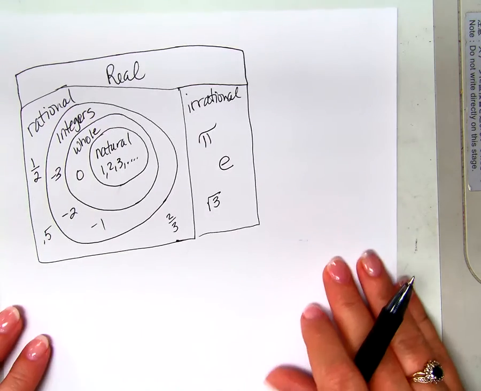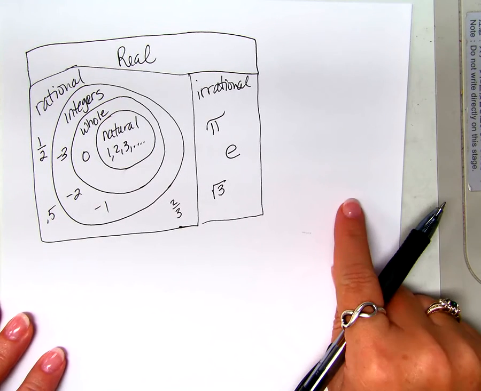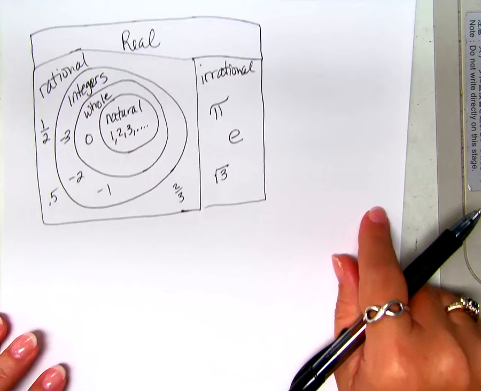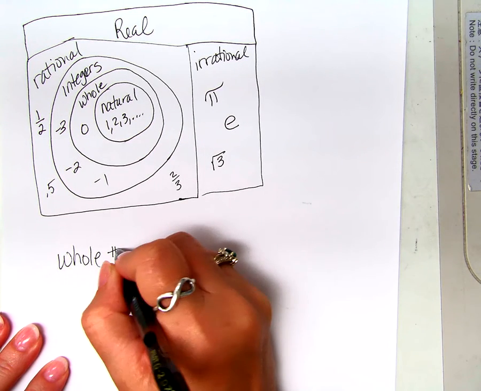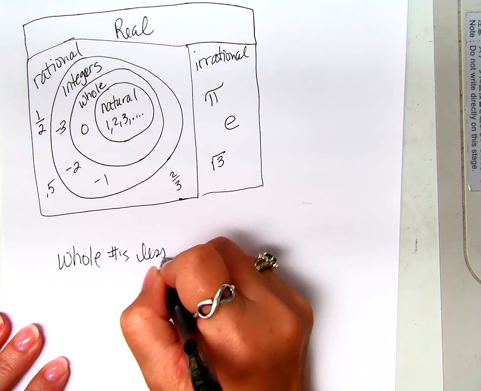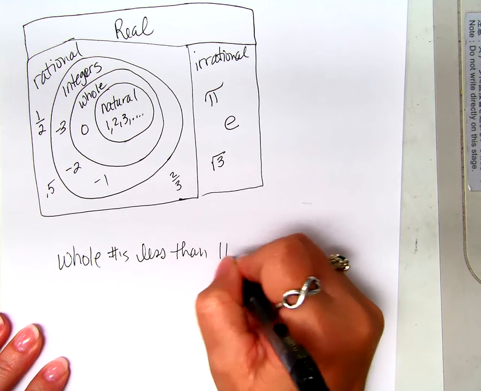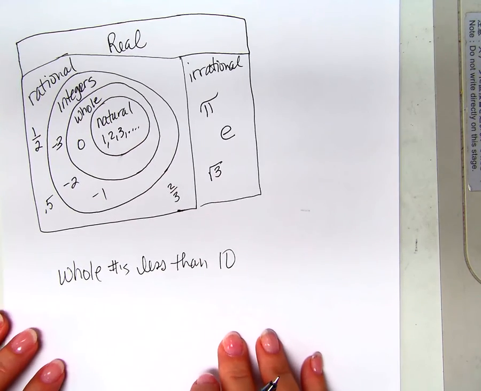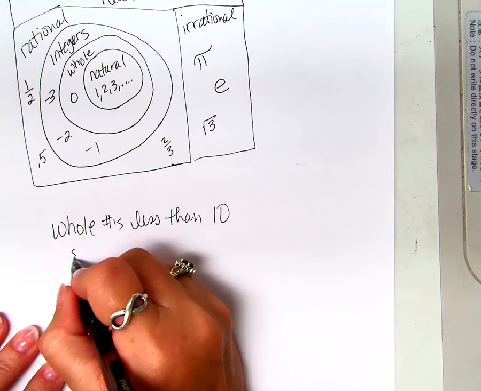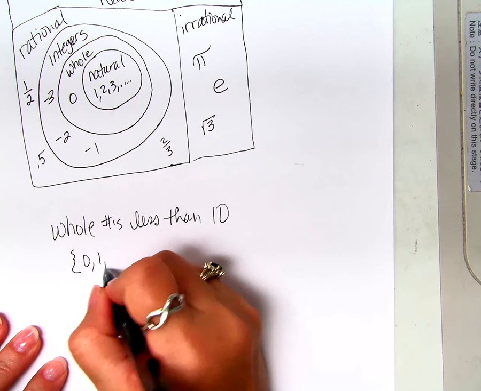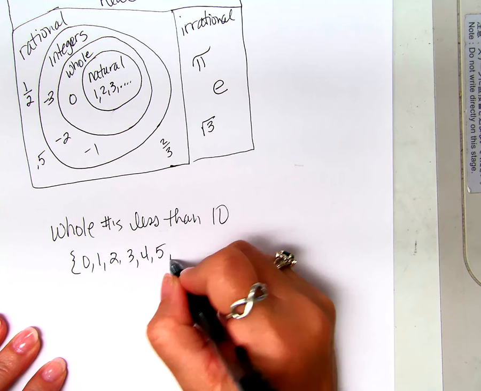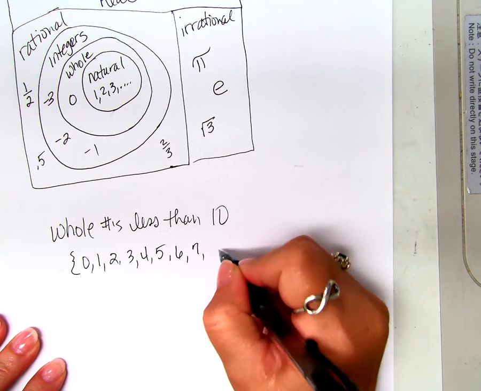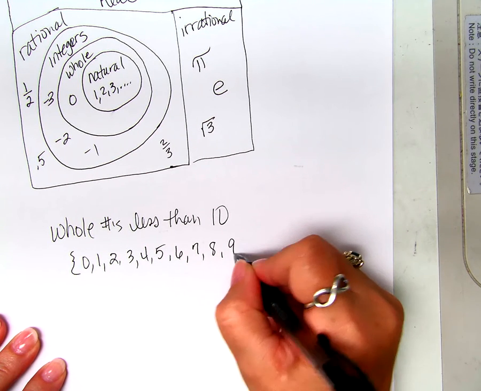Okay? So if in your homework it asks you to do whole numbers less than 10, that asks us to list whole numbers less than 10. What are the whole numbers less than 10? 0, 1, 2, ... 8.